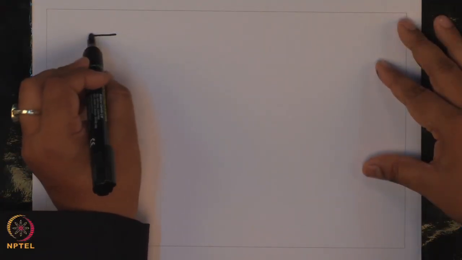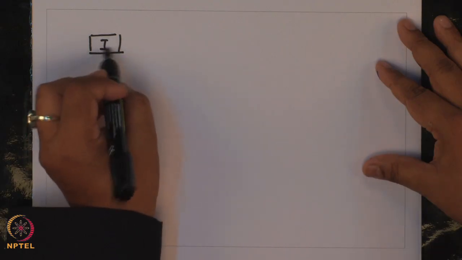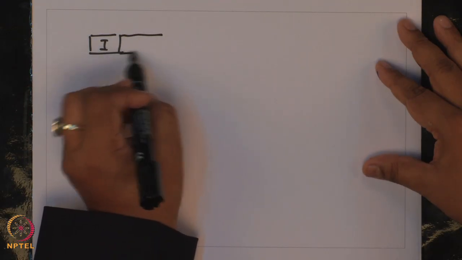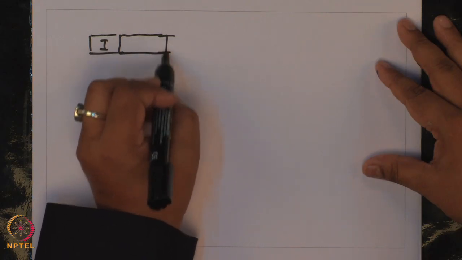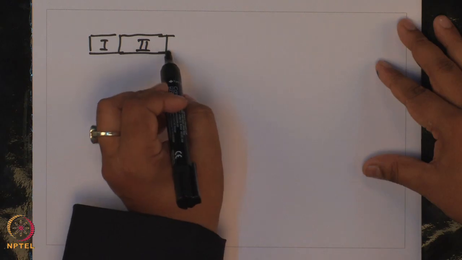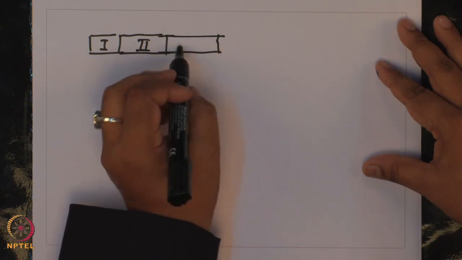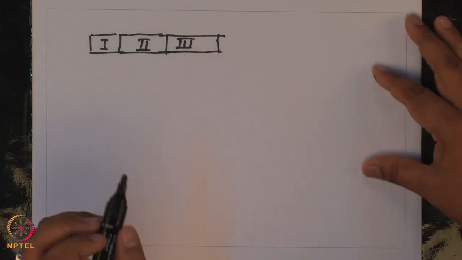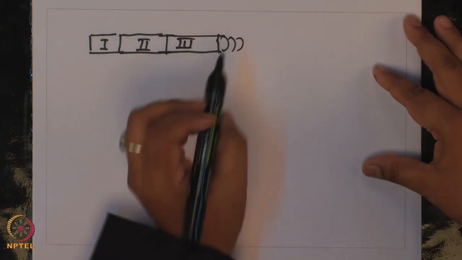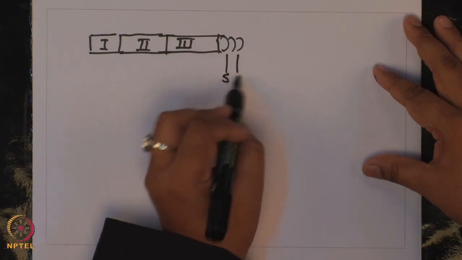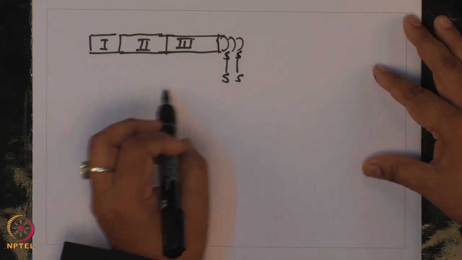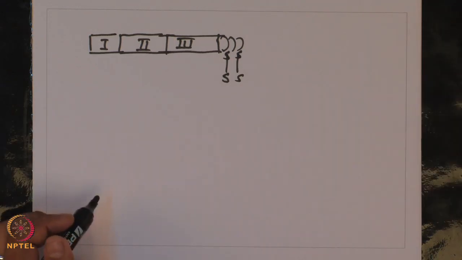If I were to draw approximately the structure of fibronectin, you have these three modules, and there is some extra, and the disulfide bonds are actually at this end, and you have the same thing repeating here.